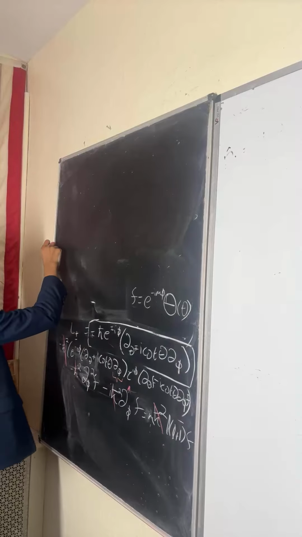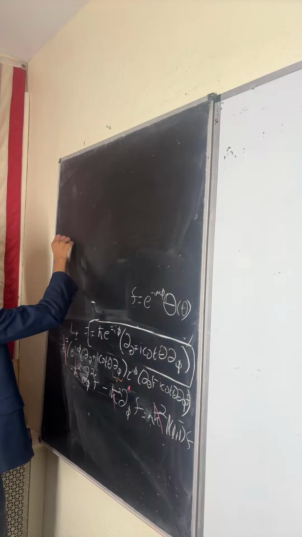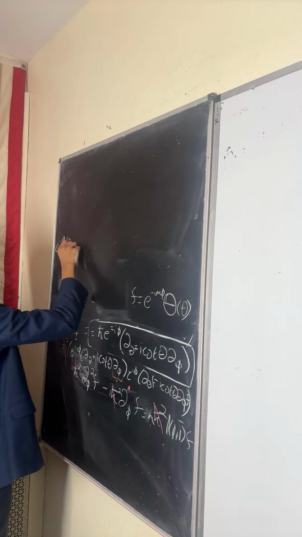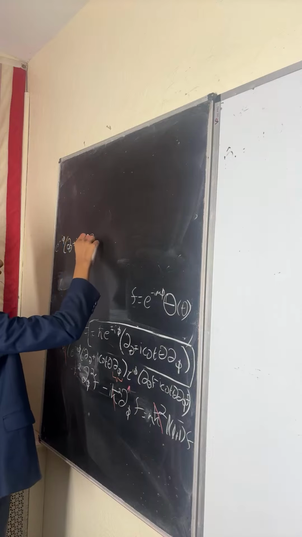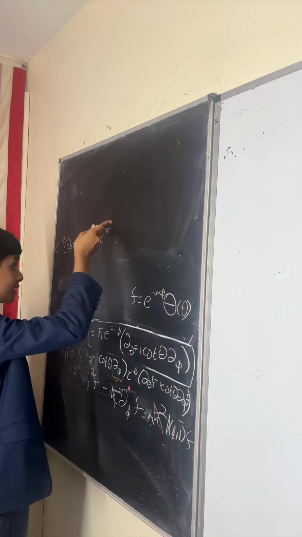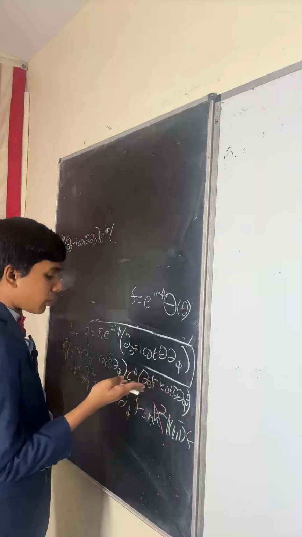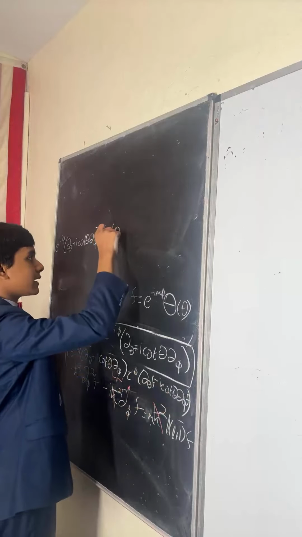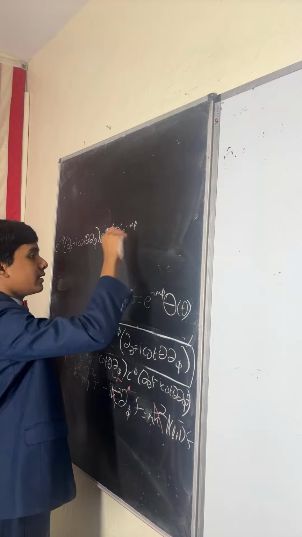So we get e to the minus i phi partial theta plus i cotangent theta partial phi multiplied by e to the i phi. No, we still can't cancel it out. What's in here? Partial theta f, which means we're going to get big theta prime e to the minus i m phi.